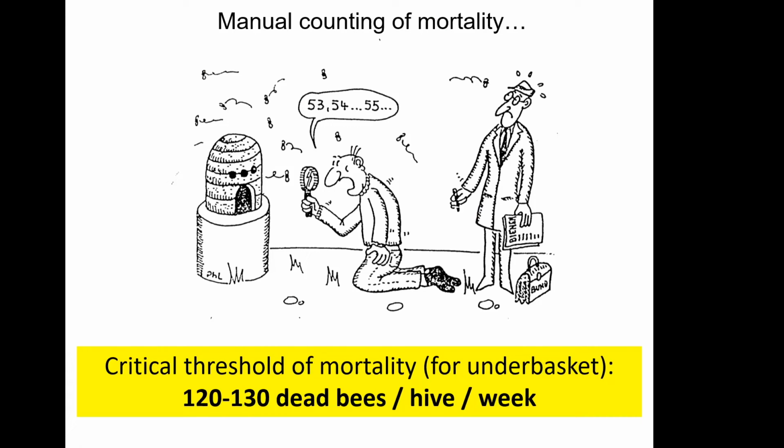We can say that the normal mortality of bees must be under 120, 130 bees per hive per week. If this threshold is overcome, it may be caused by other factors.